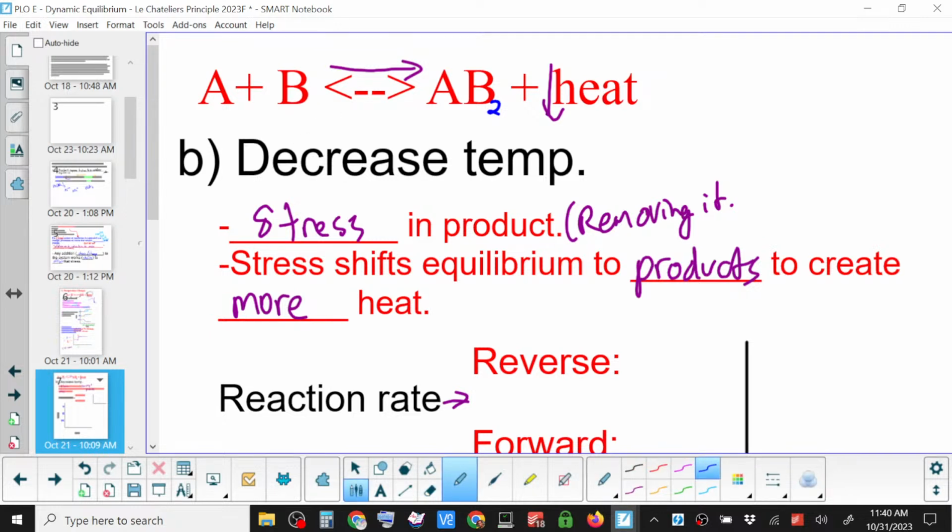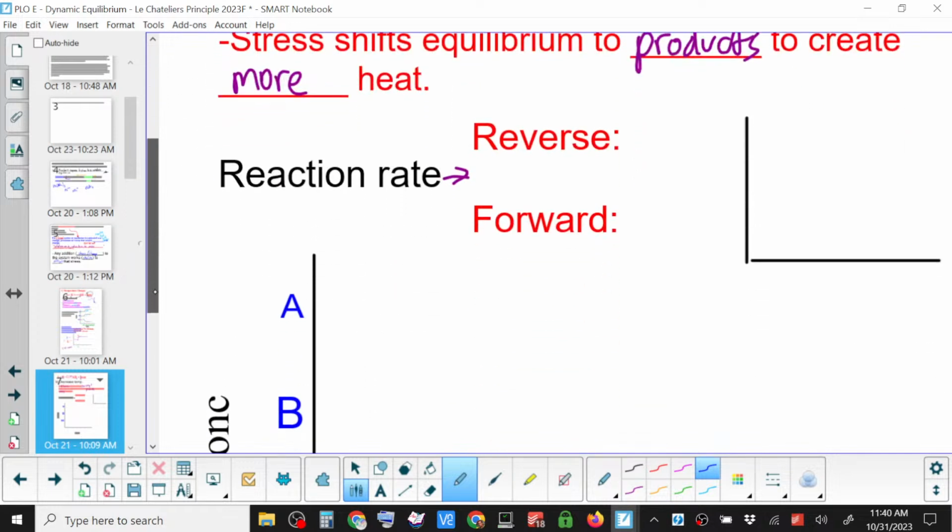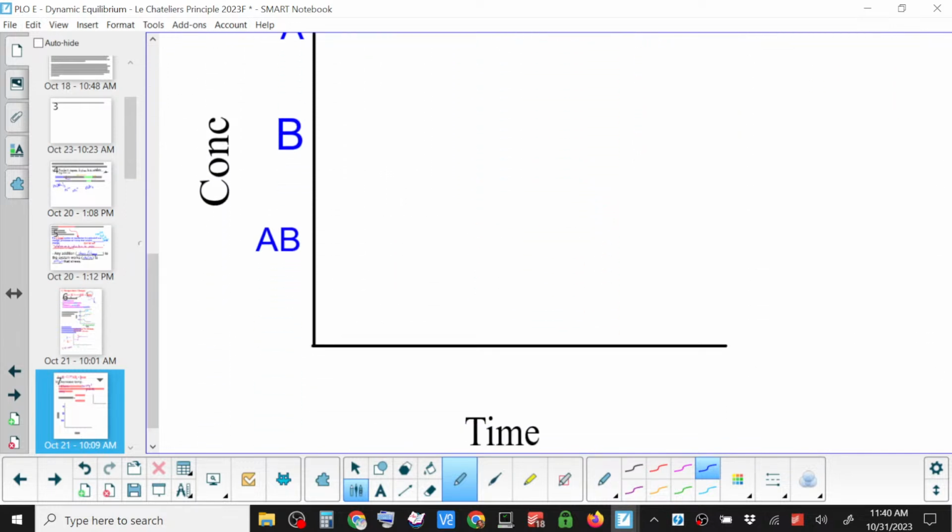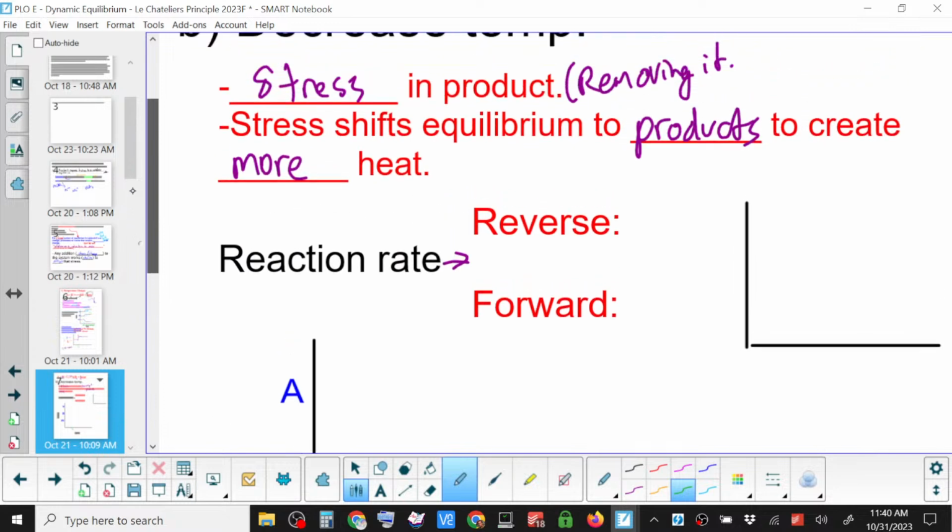Let's do that. Change the reaction very slightly. And then I can see how your concentration shifts. Reaction rate is on the right. I'll put a T1 there.